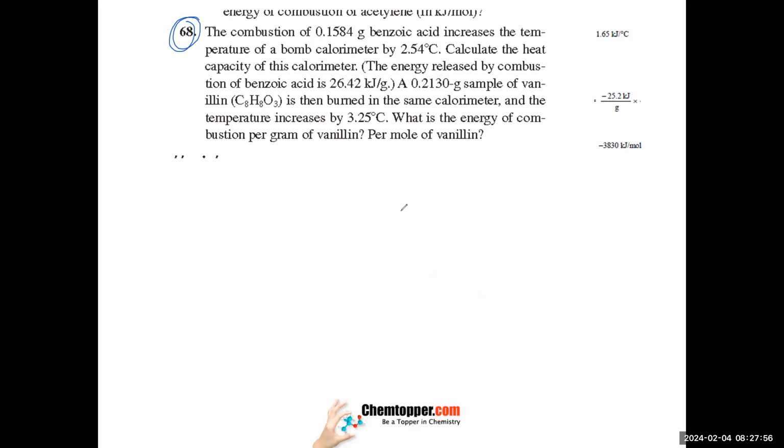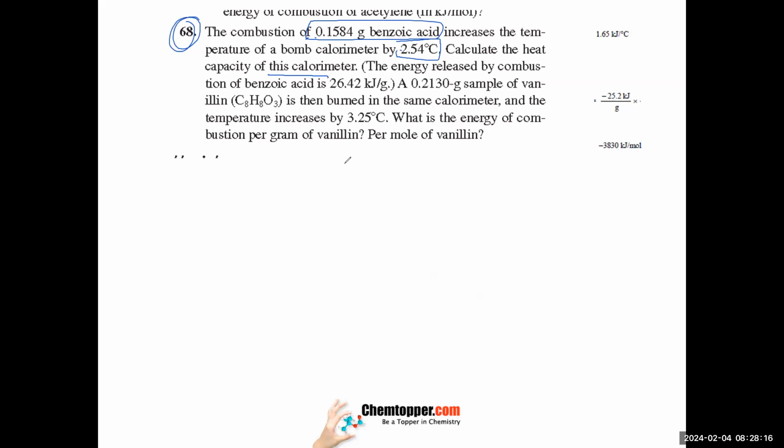Okay. So before we end the class, children, can I take a few minutes? Combustion of benzoic acid. You are burning benzoic acid, and it increases the temperature by this amount. Calculate the heat capacity.